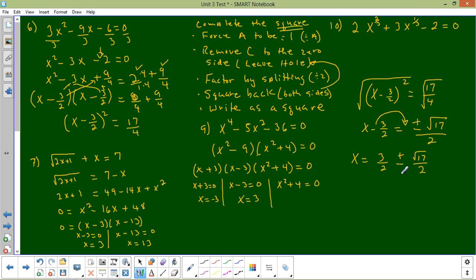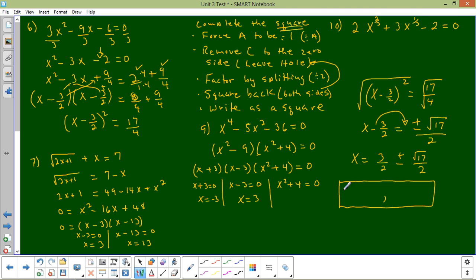Now, two things. First of all, that's two answers right there. There is no way in WebAssign to put a plus minus sign in like that. You can't do that. So if you're going to write this in the WebAssign box, you're going to have two answers, because there are two answers, separated by a comma.